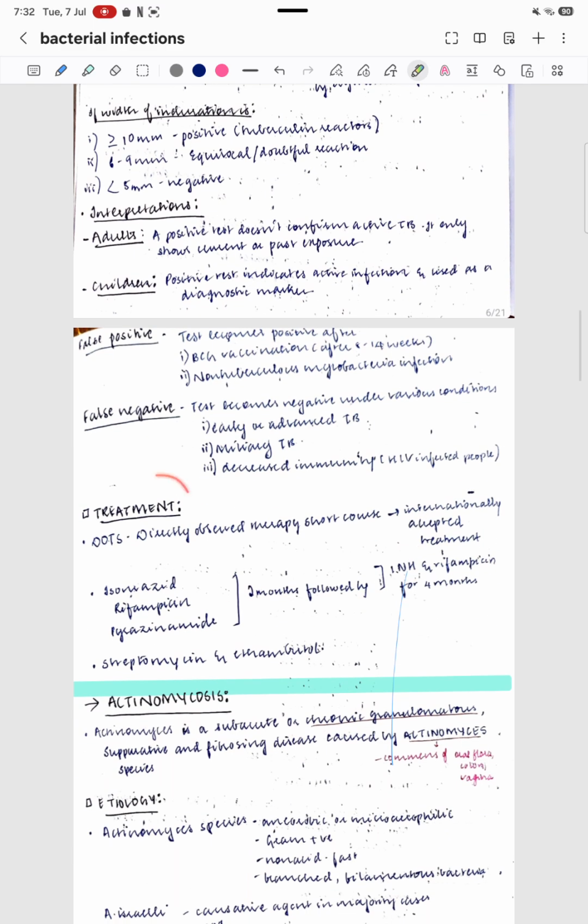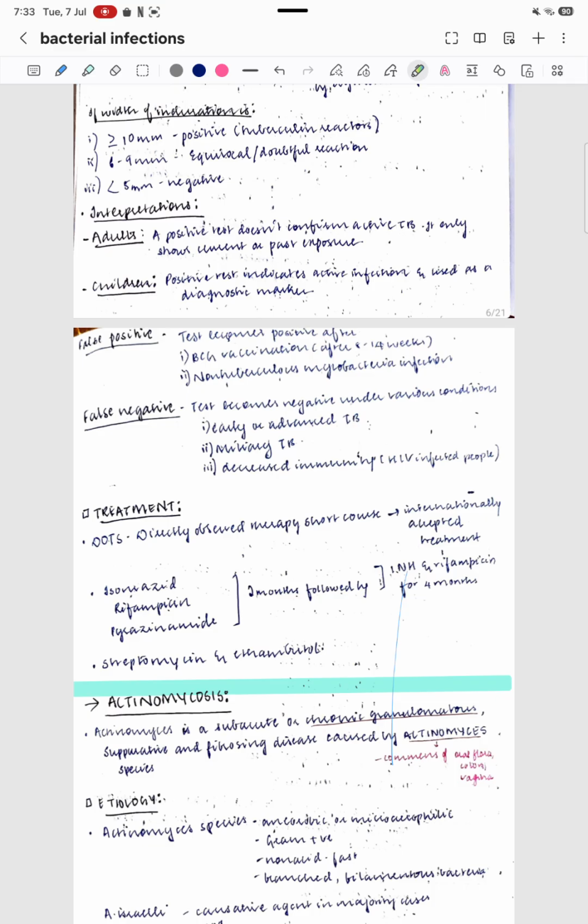Now the main treatment criterion of TB is DOTS, that is directly observed therapy short course, which is an internationally accepted treatment, where we give isoniazid, rifampicin and pyrazinamide, followed by isoniazid and rifampicin for 4 months.